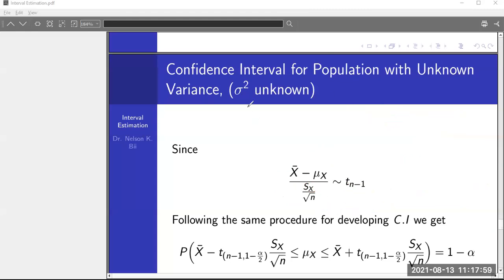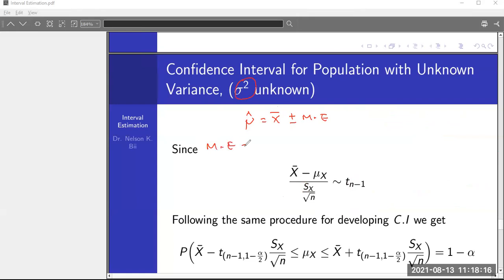So if we are to find the confidence interval for mu, then mu is given by x bar plus or minus the margin of error, when sigma squared is not known.